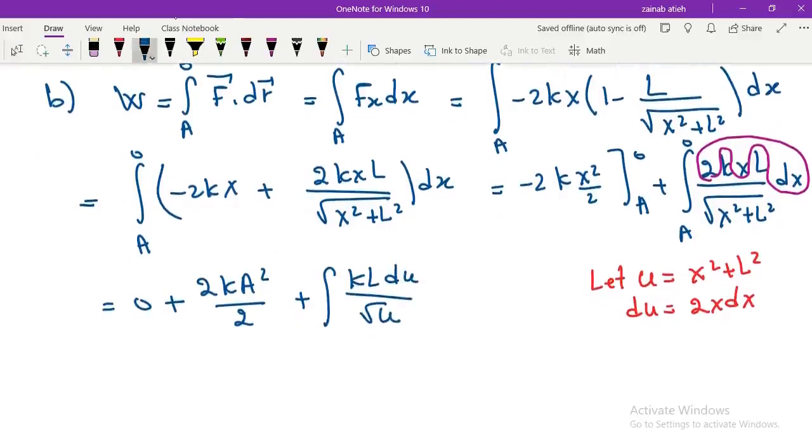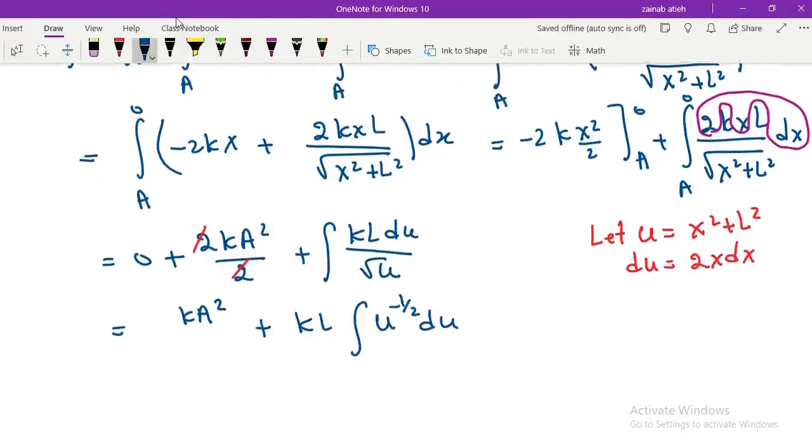It's equal to 2k a squared over 2, the 2 with 2 cancels, so it's ka squared plus kL times the integral of u to the power minus half du. It's equal to ka squared plus kL, we add one to the power and get half over half.